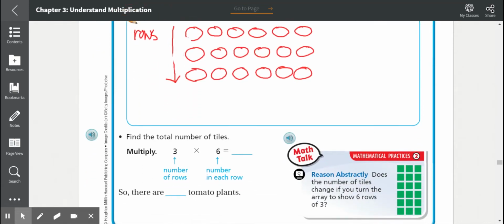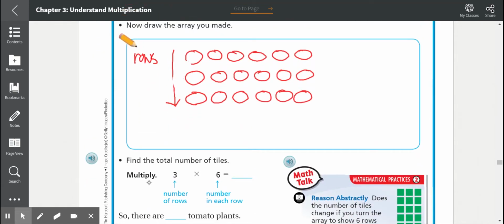Okay. So we can multiply to find the number of tiles. These are all representing the tomato plants. So 3 is the number of rows. 1, 2, 3. 6 is the number in each row. So we can do 3 times 6.